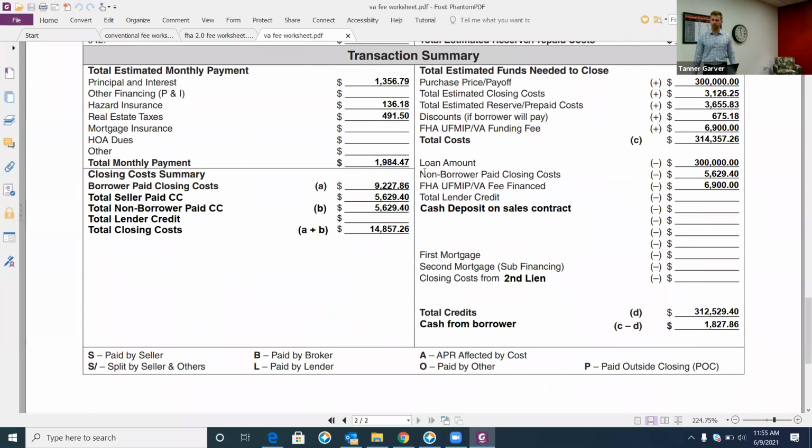So does that make sense? I have a question. Yep. Hi, Elizabeth. So if you qualify for conventional, you have good credit, you want to put 20% down, you don't want the PMI. Is there any reason that you would choose VA over conventional?